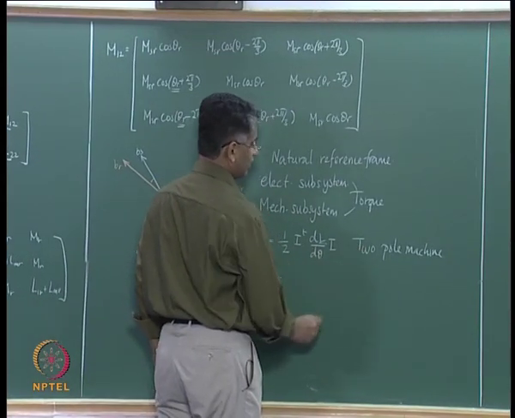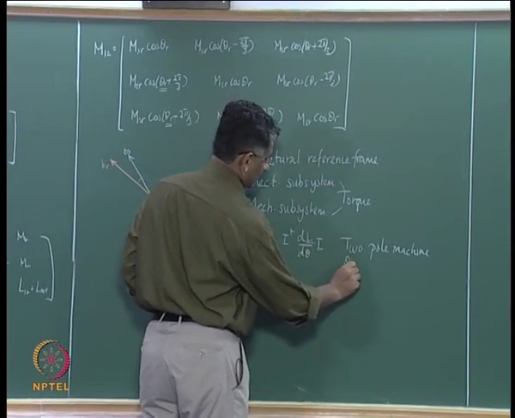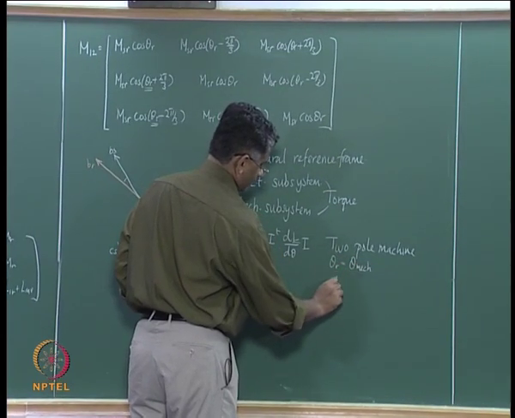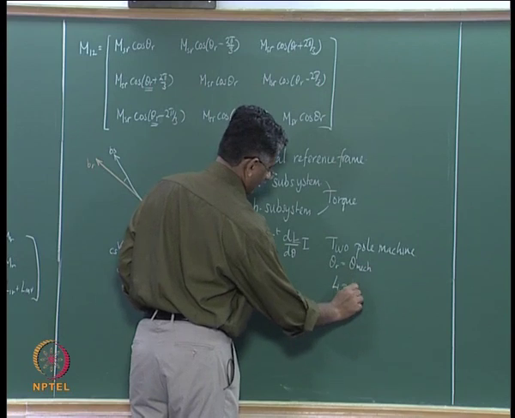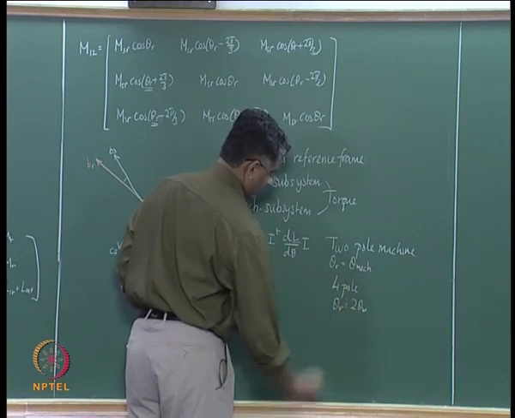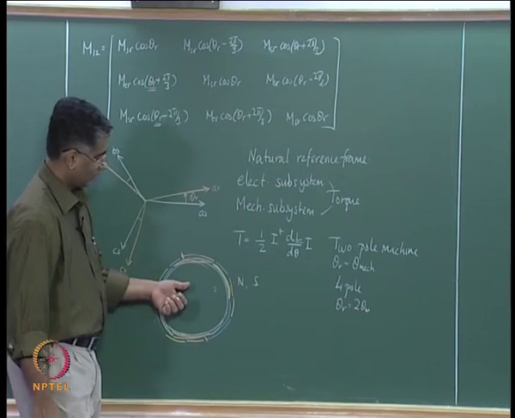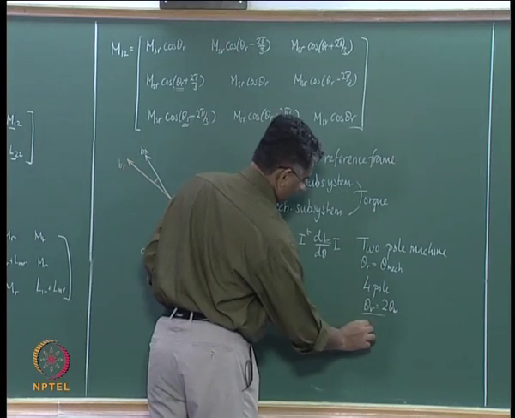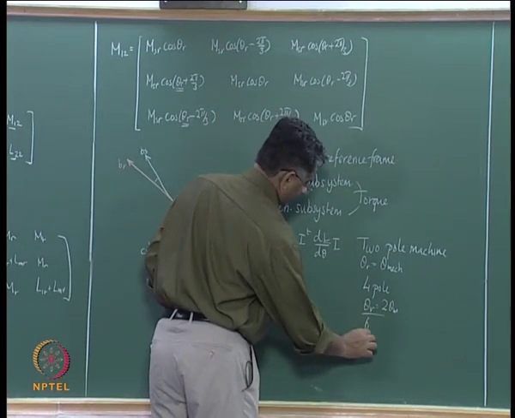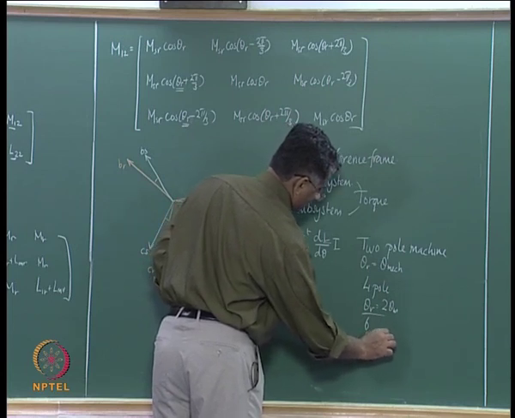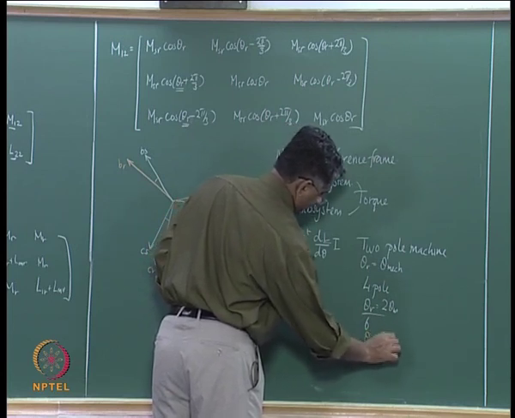If it is 2-pole, then theta r is equal to theta mechanical. If it is 4-pole, then theta r is equal to 2 times theta mechanical. That can be seen from here. And if it is 6-pole, then the electrical angle is equal to 3 times theta mechanical.